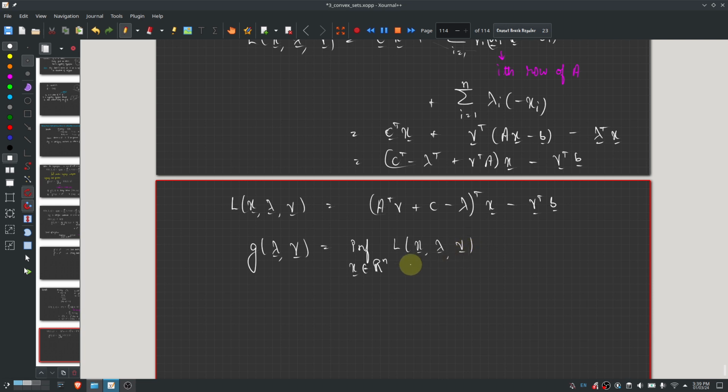Remember, this is an unconstrained minimum. Is it always true?